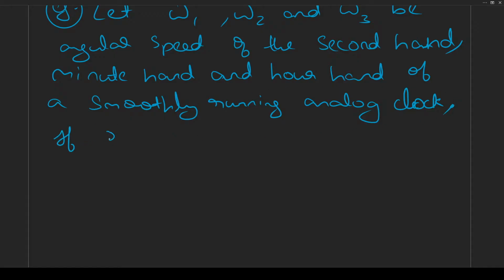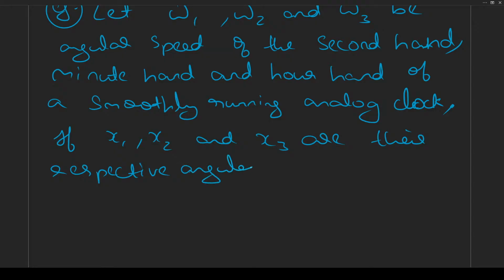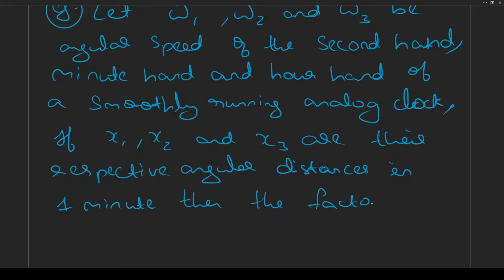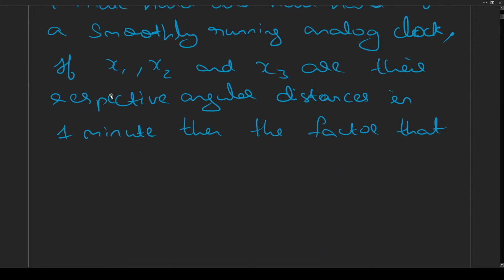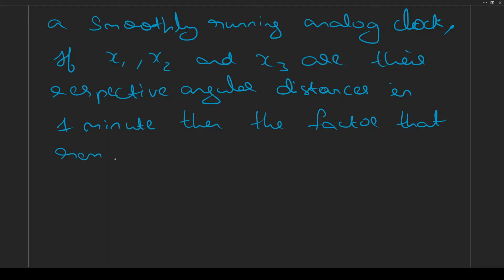If x1, x2, and x3 are their respective angular distances in 1 minute, then the factor that remains constant, that is k, is.